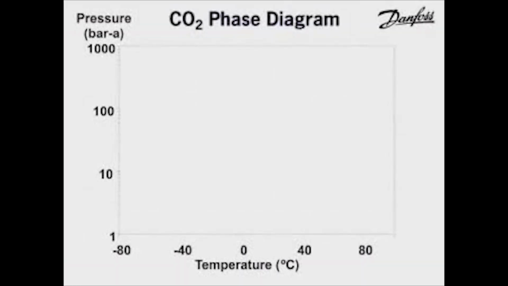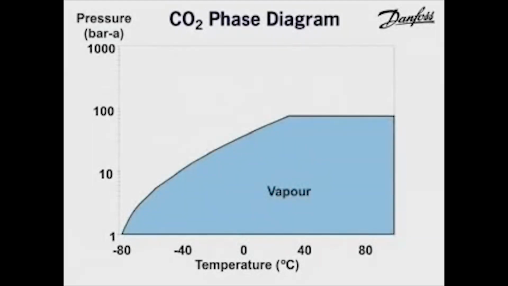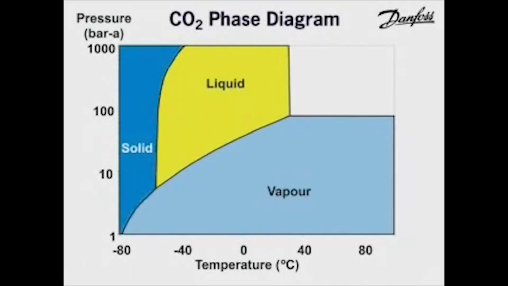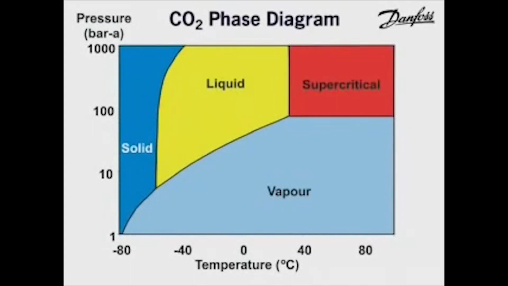In this diagram, the coloured areas define the temperature and pressure limits at which the CO2 vapour, liquid, solid and supercritical phases exist. This is known as the temperature pressure diagram or phase diagram for pure CO2.